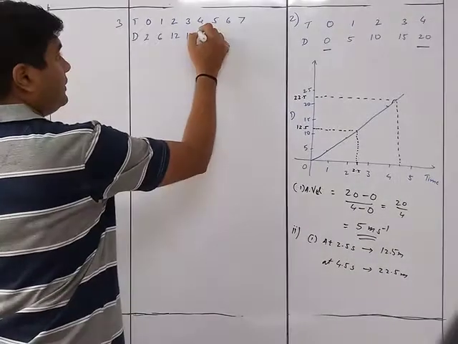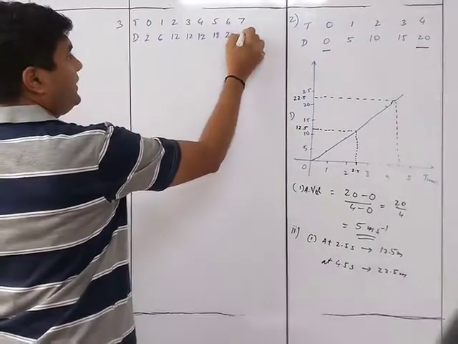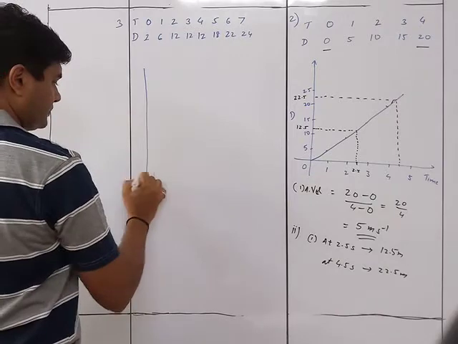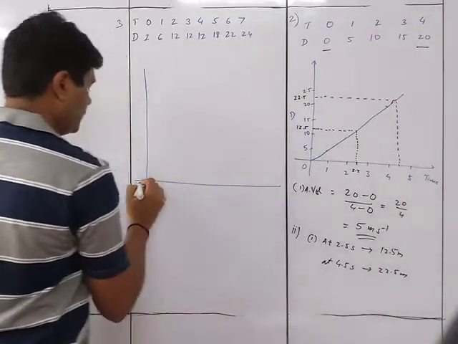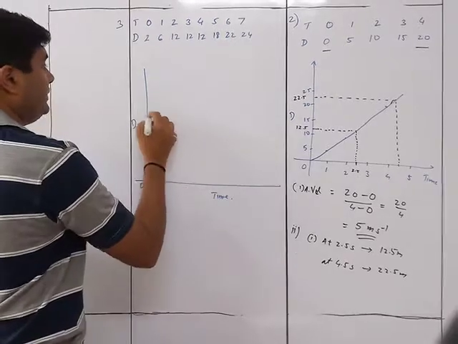12, 18, 22 and 24. So let's draw the graph first. We are taking over here 0, this is the time and this is the displacement.